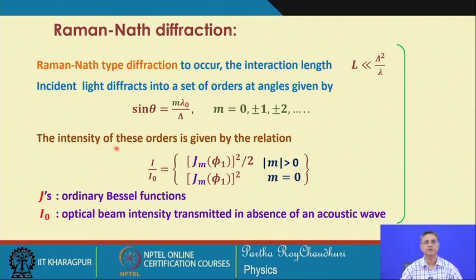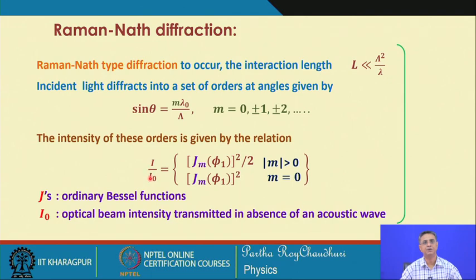The intensities of these orders are given by the various orders of the Bessel function, and interestingly J0 corresponds to the 0th order, J1 to the first order, J2 to the second order, and so on. So, the ratio of the intensities at different orders will come from here.